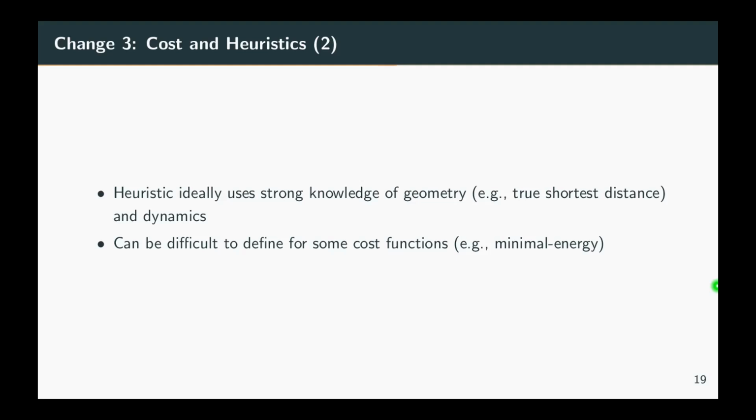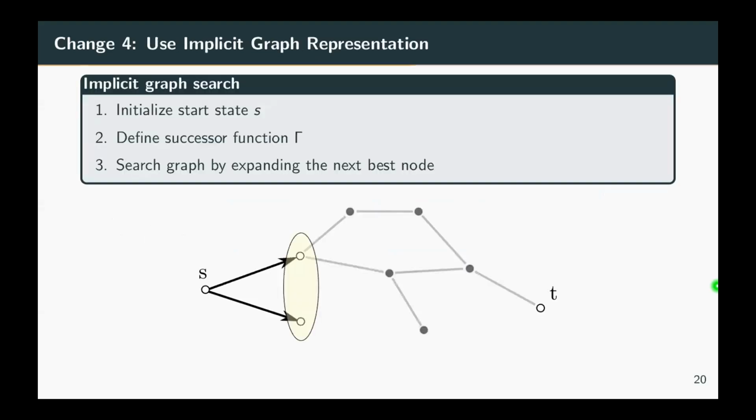For some other things like minimum energy, it can be extremely tricky, especially if you have systems that are, for example, acceleration controlled, where you might not need any energy if you don't accelerate or decelerate. So coming up with heuristics is just difficult. Okay, but that's all I wanted to say about the heuristics.